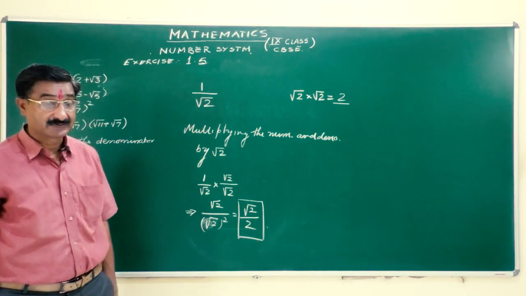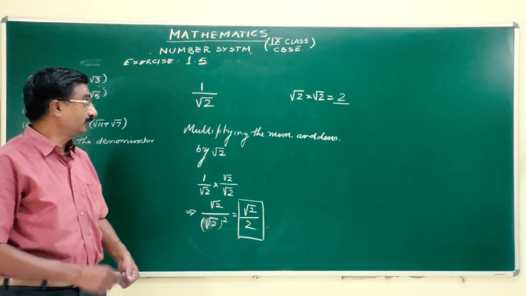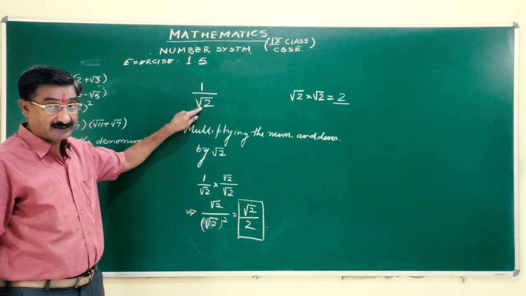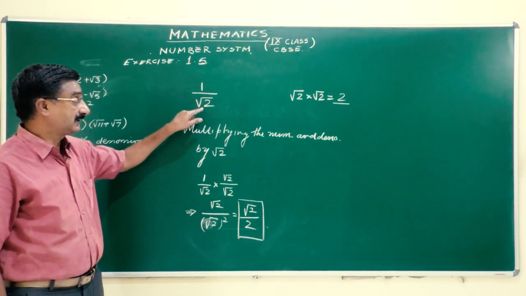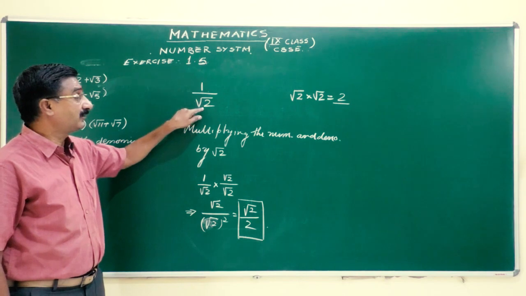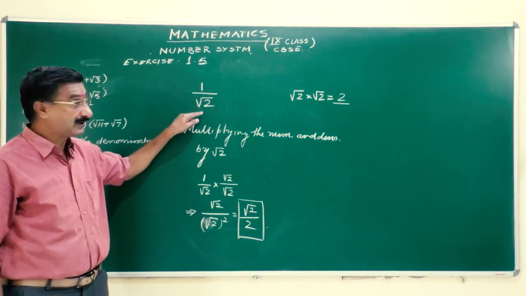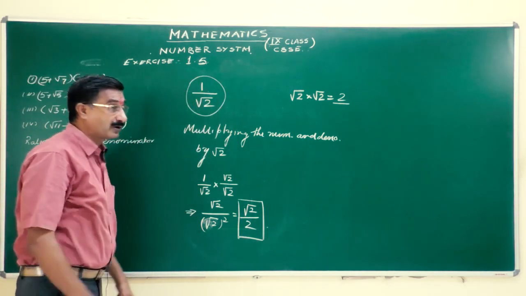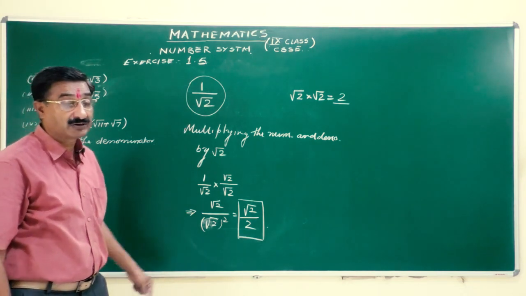Now here, if suppose someone asks you to mark this irrational number, yes it is an irrational number, but it is a real number, means this is also having its unique position on the number line. If I say mark the 1 upon under root 2 on the number line, it is quite difficult because you have to solve 1 upon under root 2.